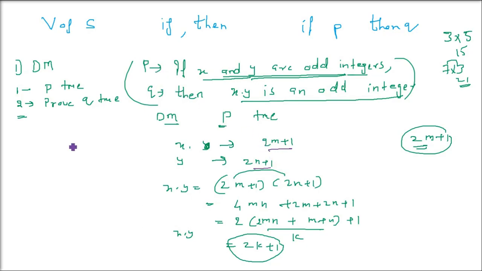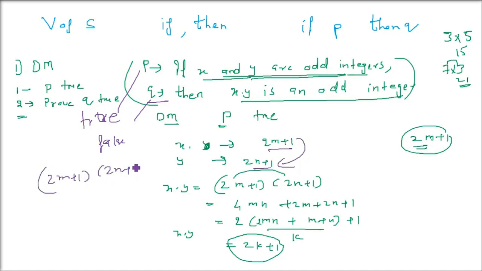So when you multiply this, X, Y, so 2m plus 1 into 2n plus 1. We already proved it just now. When you multiply, it's coming 2k plus 1, that is odd.